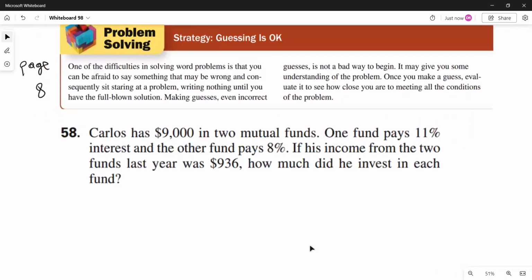Okay, the situation is that Carlos has $9,000 in two mutual funds. One fund pays 11% interest, and the other fund pays 8% interest. If his income from the two funds last year was $936, how much did he invest in each fund?